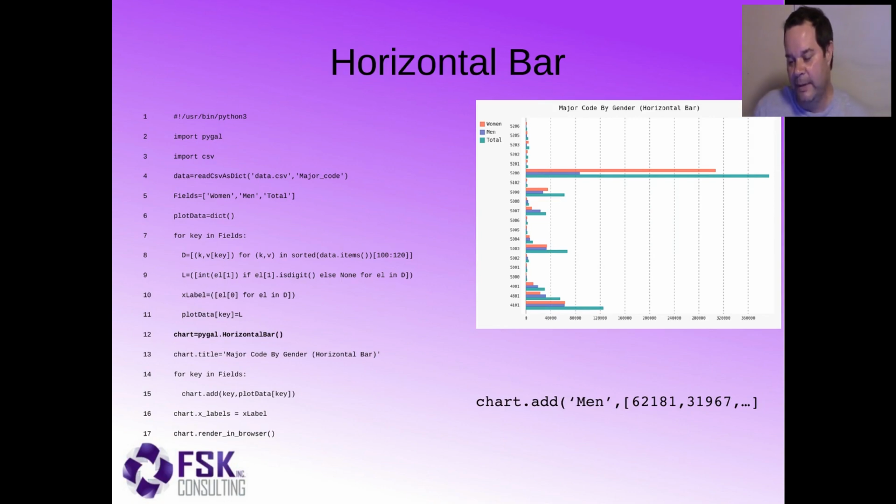what you're trying to depict, how you're depicting it, and your choice of chart sometimes really go hand in hand. You'll notice what I'm trying to represent with these charts is the participation in each major: the total students, as well as the breakdown in men and women.